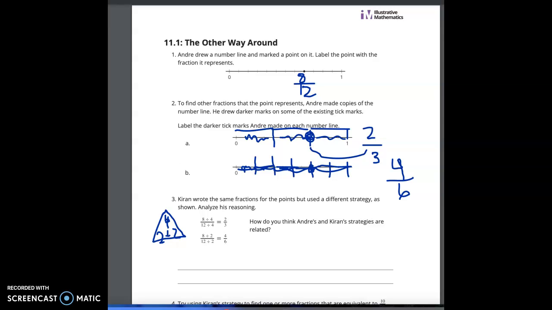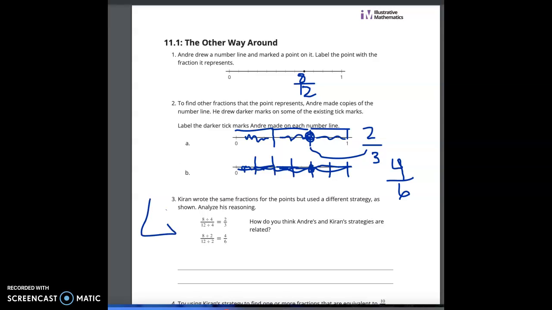So if we were doing multiplication now, the opposite of multiplication is division. So let me show you that real quick. So what we're saying when we're saying 8 divided by 4, we're thinking about what times 4 equals 8. That's another way to look at it.